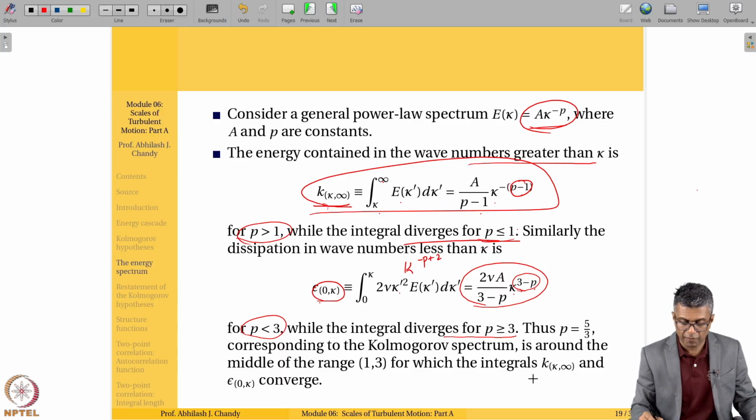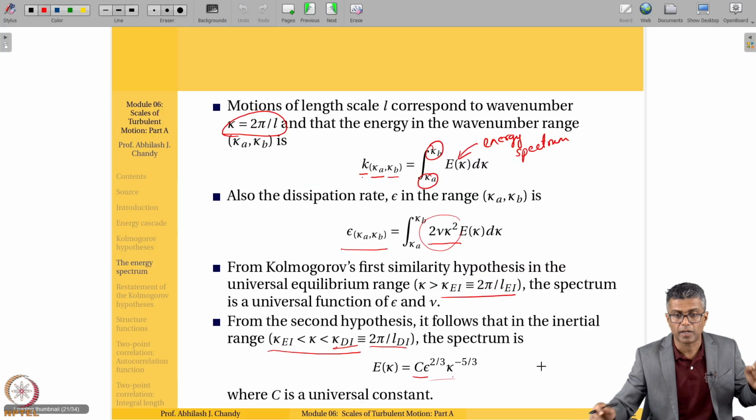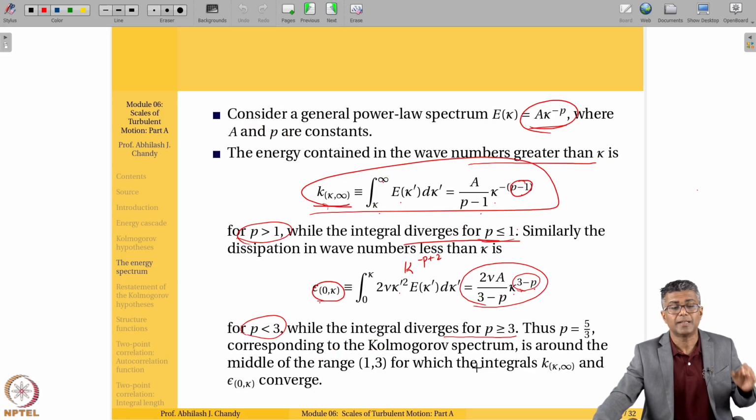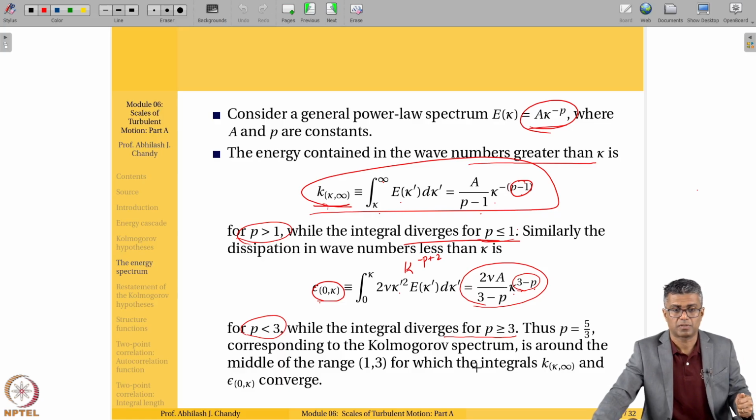So what we have is, when we wrote earlier that E of kappa is C epsilon to the 2/3 kappa to the minus 5/3, 5/3 does indeed make sense because it is a number between 1 and 3 that makes sure that the turbulent kinetic energy integral converges, and the dissipation integral converges.